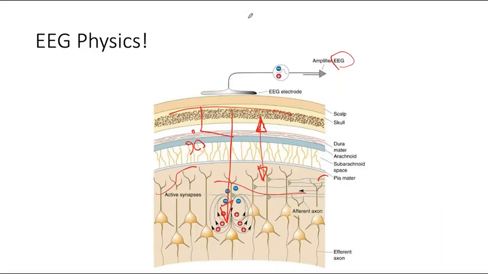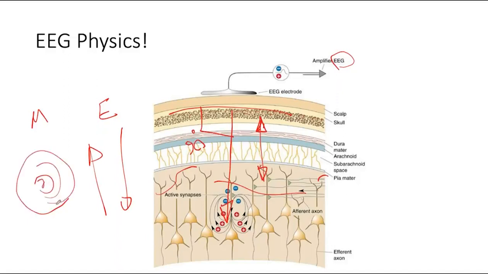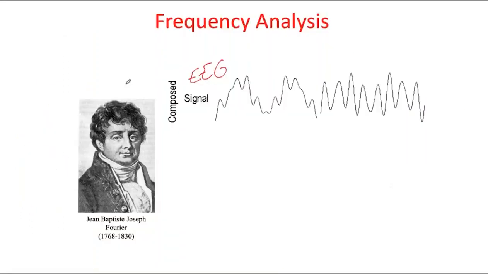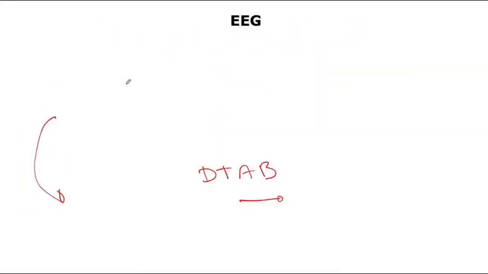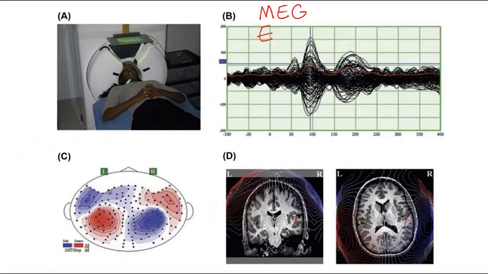When you have a current going down or up, it is not just electricity; we also have magnetic fields around that current. So we can record the magnetic field instead of the electrical field, and that gives us another potential method, called magnetoencephalography.